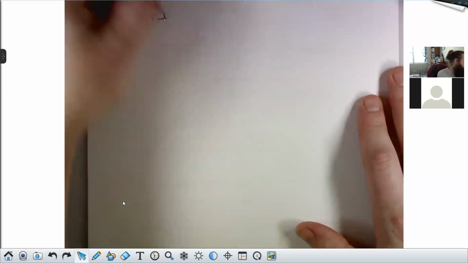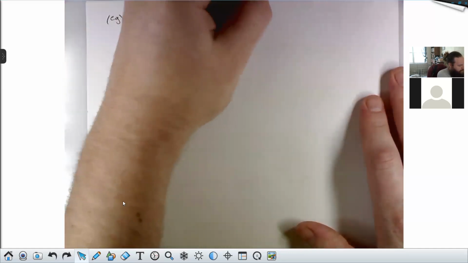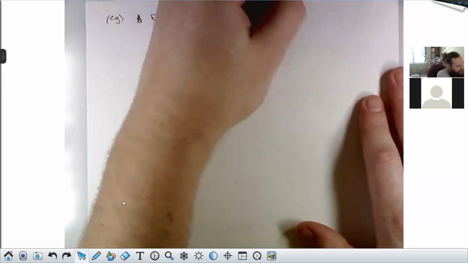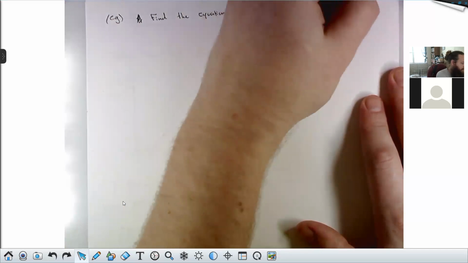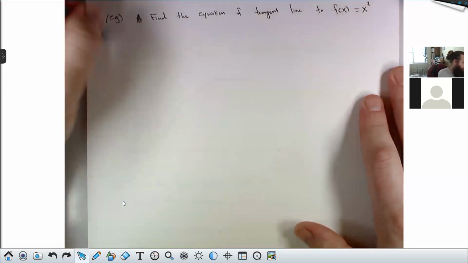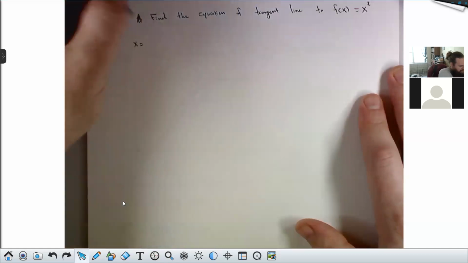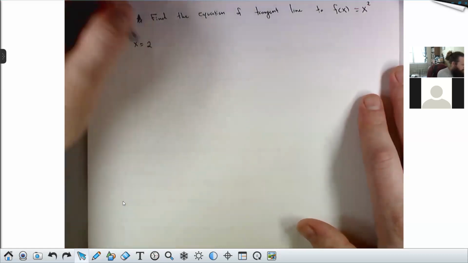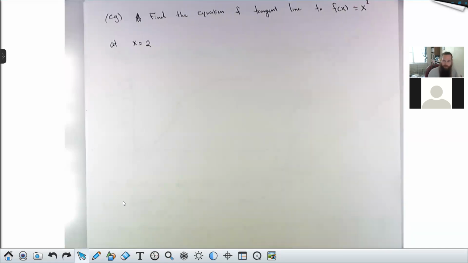Before we look at the physics example, let's just find the equation of the tangent line to the function f of x equals x squared at x equals 2. So let's start simple. Let's just see if we can find the equation of the tangent, and then we'll look at an application problem. You know what x squared looks like.